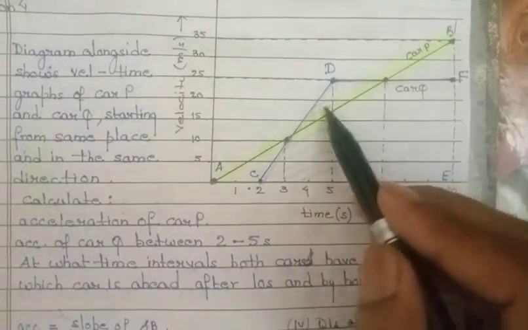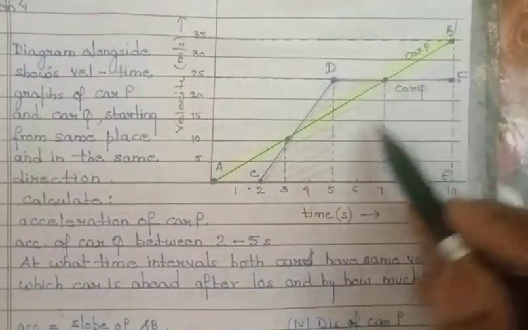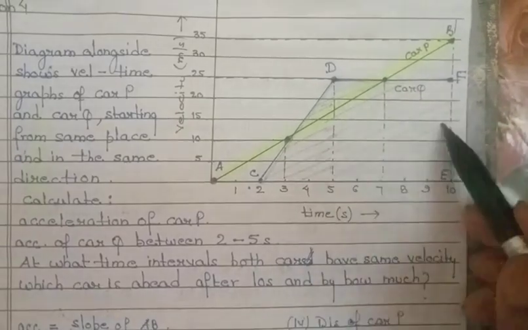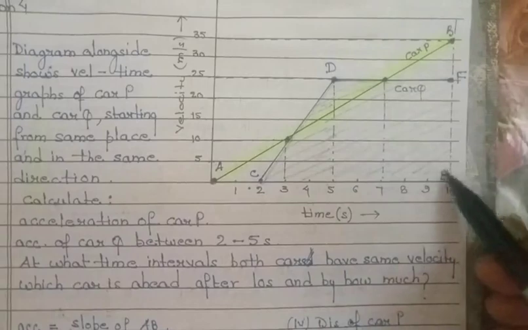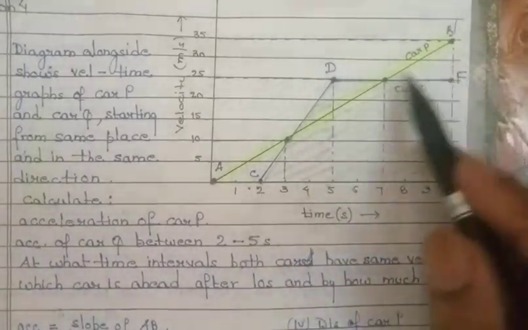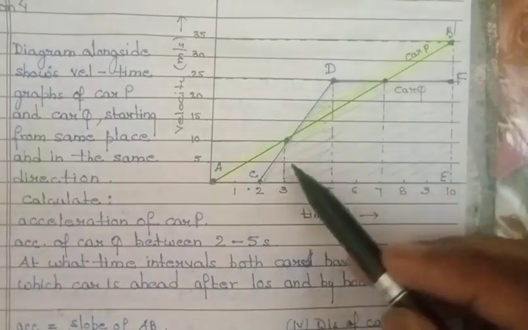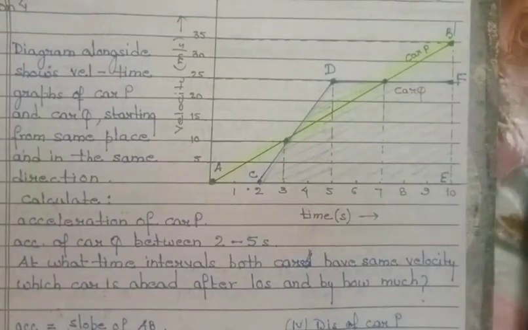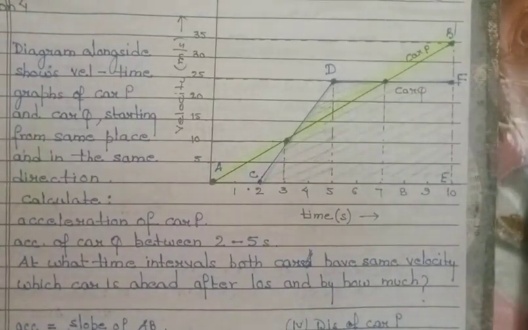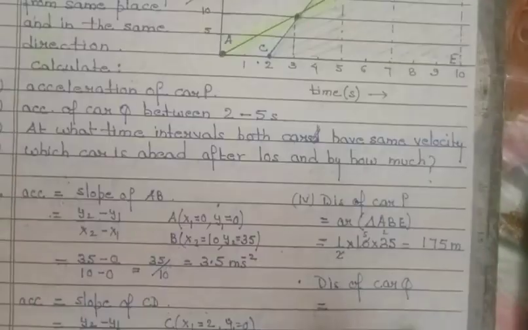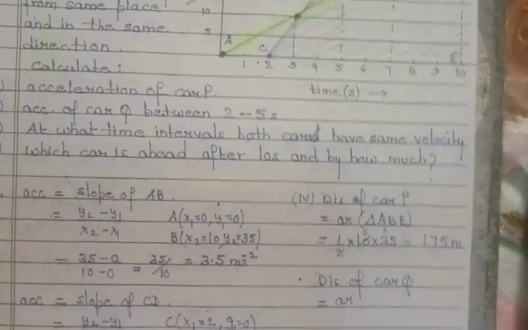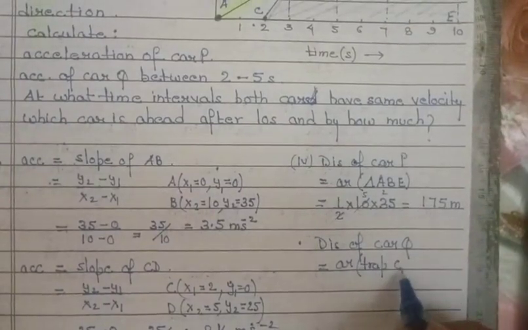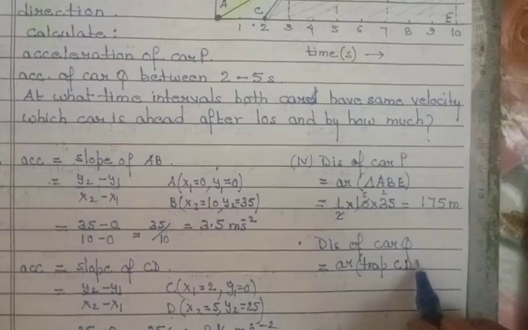You can see this whole figure. So here, if I get the area of this trapezium, I will get the distance traveled by the car Q. So let's calculate the area of trapezium CDFE.